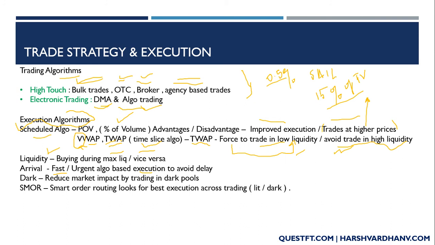You put an order with a global broker, but you tell him that you want to trade only on those execution platforms where there is better liquidity, the price is better, and the spread is less. It could be a combination of both lit and dark. Lit means the exchange trading platform. Dark pools is what we discussed earlier, non-transparent trading platforms.